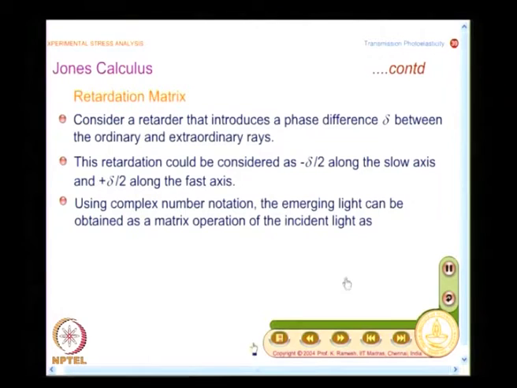And what we will do is, we will use complex number notation and represent the emerging light. This makes our life a lot simpler, and that is what we will do. And when I do this, I can represent the retardation introduced within the model comfortably like this.